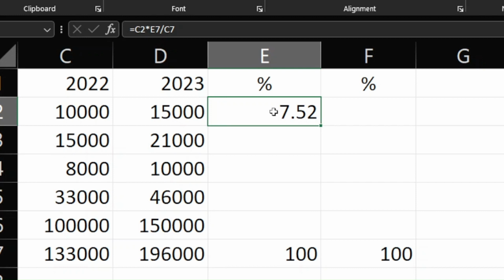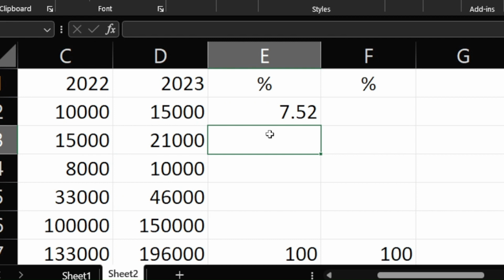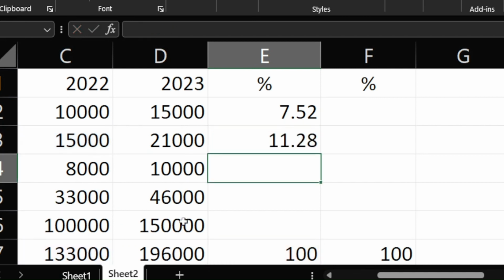Again, you see the formula, for your understanding: 10,000 into 100 by the total.